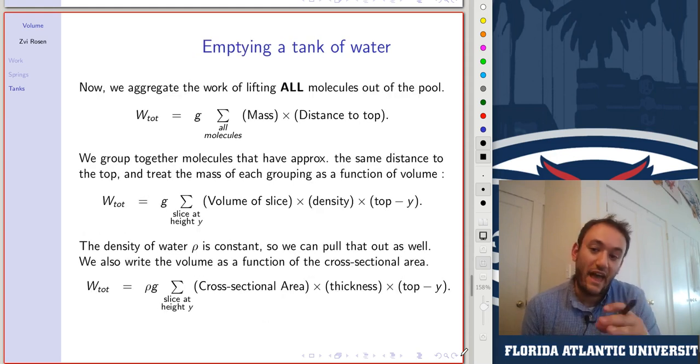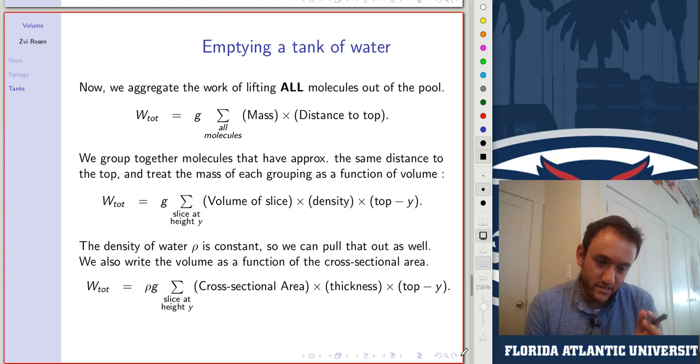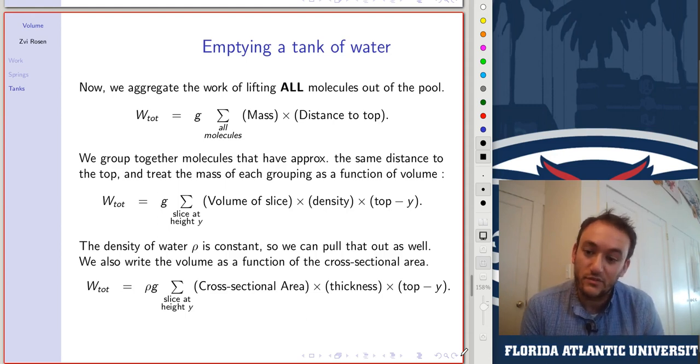Okay, so now we have to aggregate the work of lifting all of the molecules out of the pool. So the total work is equal to g, because since g is constant, we can factor it out, times the sum over all molecules of the mass times the distance to the top. Now we don't want to take a summation over all molecules, so we're going to group together the molecules that have approximately the same distance to the top and treat the mass of each grouping as a function of volume.